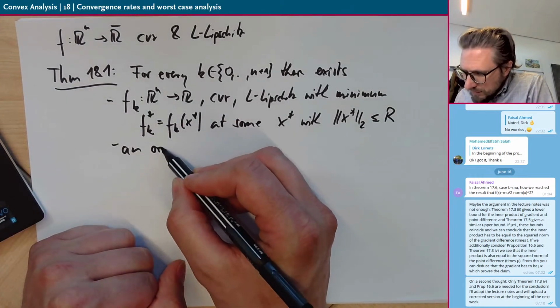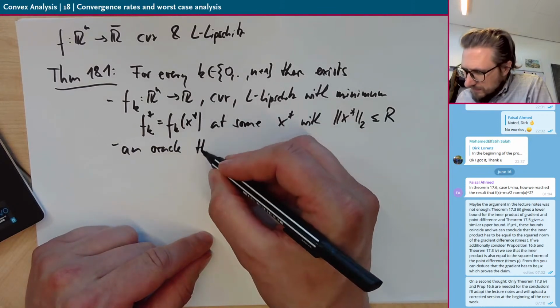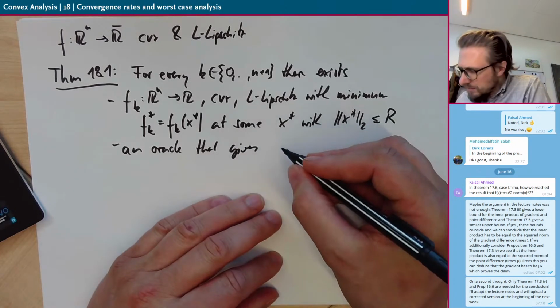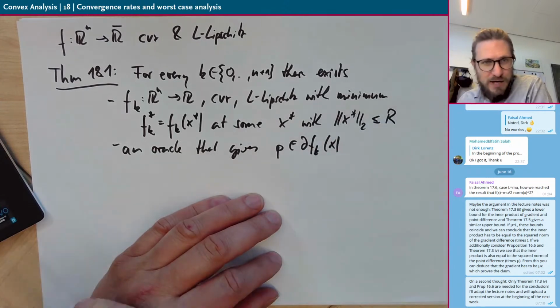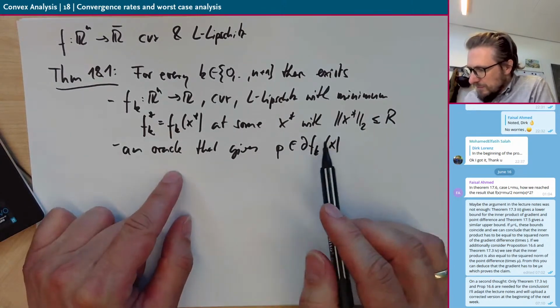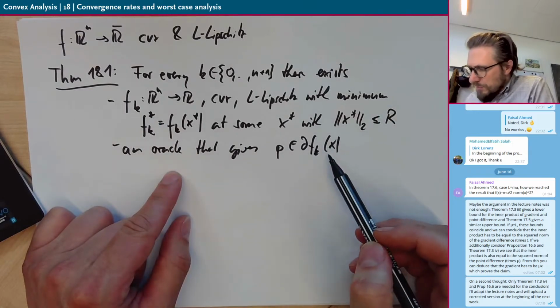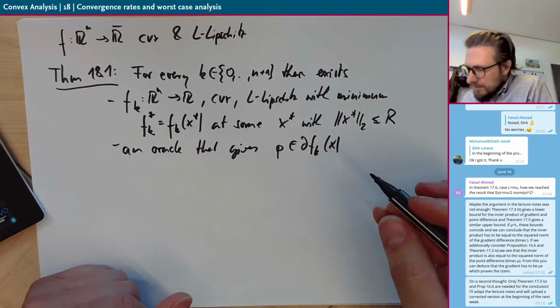There is also an oracle for this particular function that gives some p for every x we ask it for. This means with this function f_k there comes an oracle, and when we ask for one subgradient we get one, but we can't choose which one.